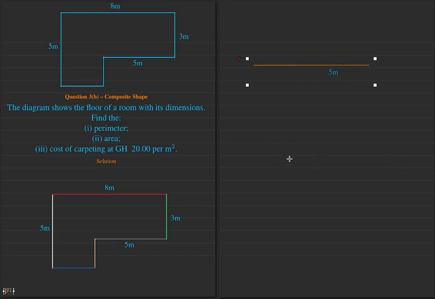If we make this an x, then we can say this 5 meters plus x gives us 8. We have 5 meters plus x meters is supposed to give us 8 meters.